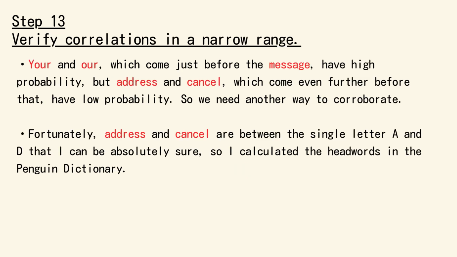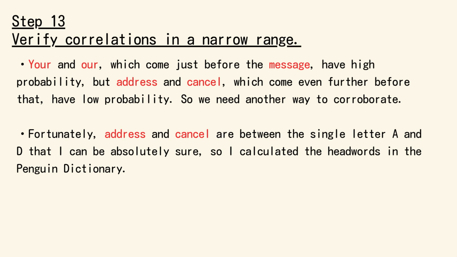Step 13. Verify correlations in a narrow range. Your and our, which come just before the message, have high probability, but accept and cancel, which come even further before that, have low probability. So we need another way to corroborate.